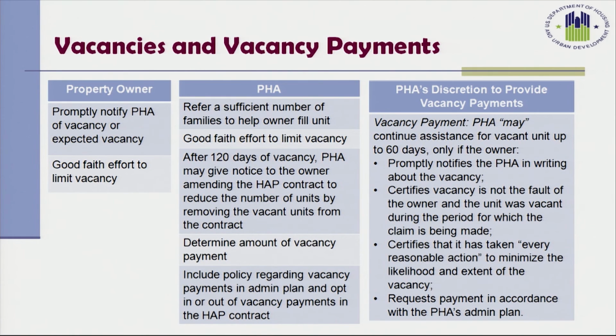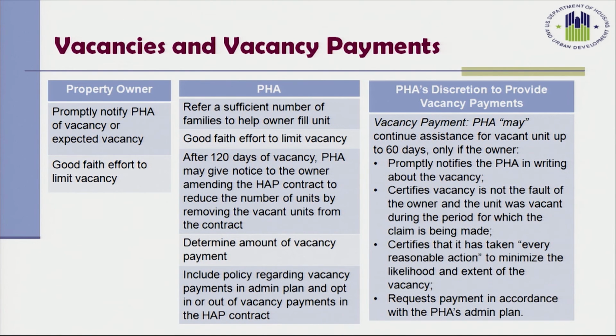What is shown on the slide is the responsibilities of the property owner, the PHA, and the PHA's discretion to provide vacancy payments. The property owner must promptly notify the PHA of a vacancy or expected vacancy. The owner must make a good faith effort to limit the vacancy.